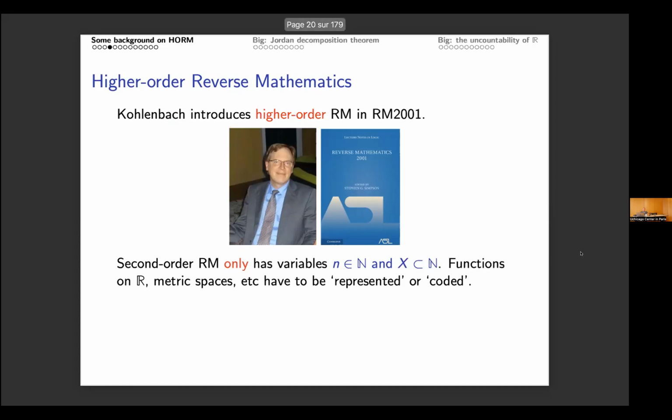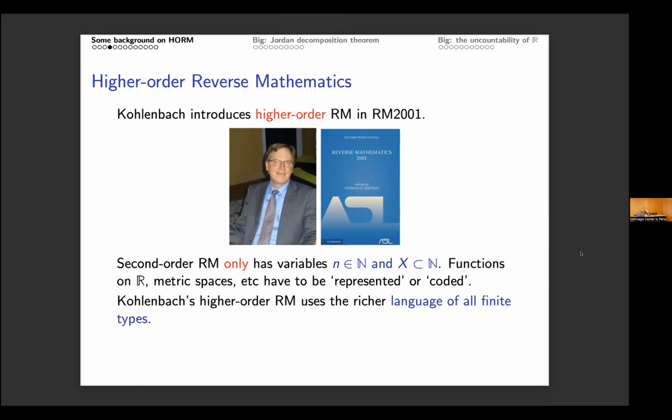The rest has to be represented or coded, functions on the reals, metric spaces, and all other assorted good and plenty. The idea of Kohlenbach was actually rather utilitarian. Just use the richer language of all finite types and cut down a little on coding. It did not mean any offense, but yeah, some people did take some.